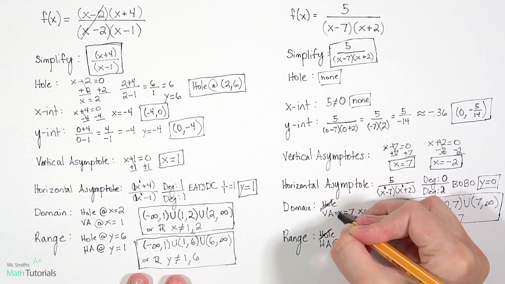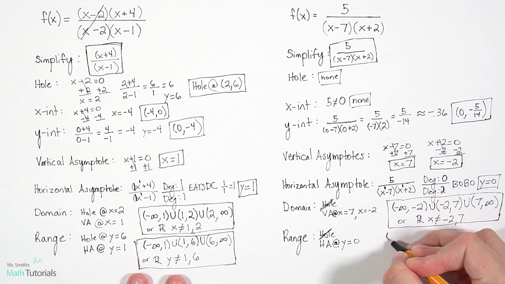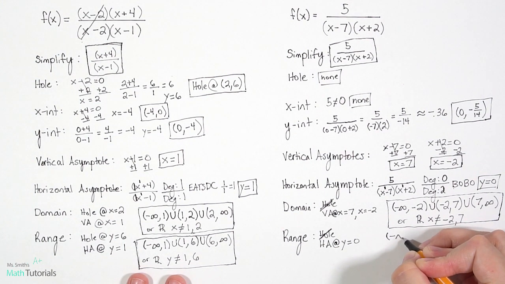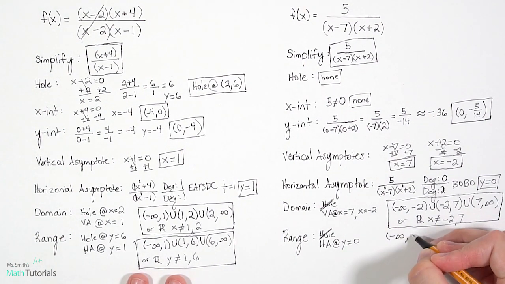I just realized I didn't have my little y there included. So for this one, the formal way to write it is going to be to say that our range would be -infinity up to, now this is the first time we've only had one number, right? For this one we had 2, for each of these we had 2 numbers to worry about. So for this one we just say it's -infinity up to 0.